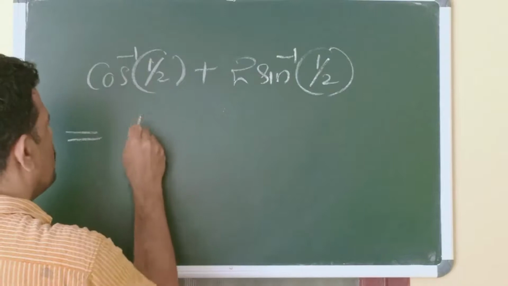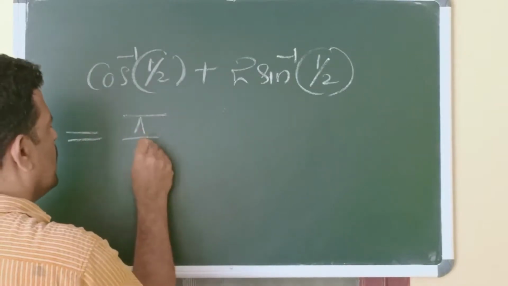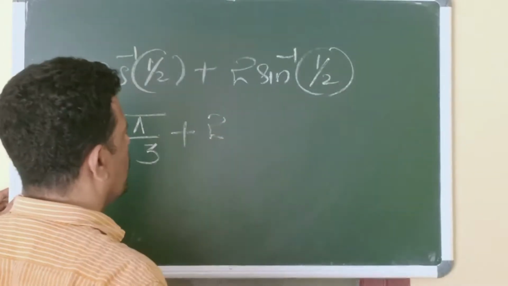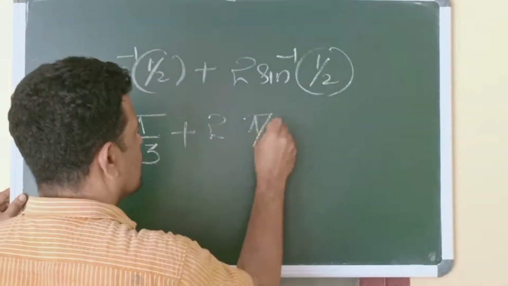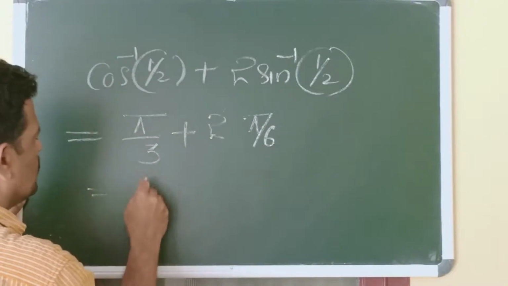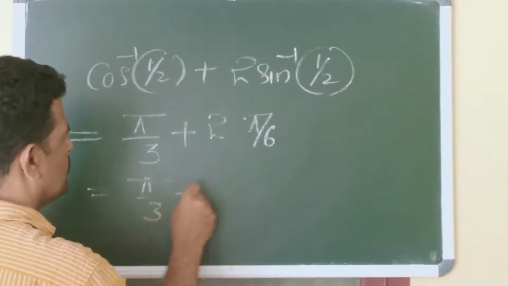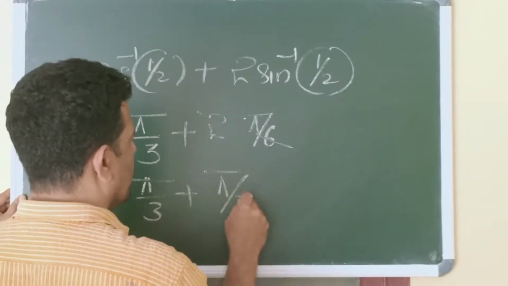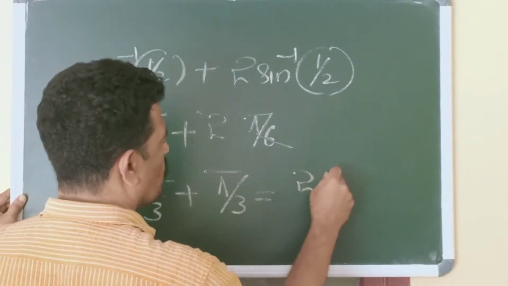Directly from the table, we can write it as pi by 3, plus 2 into sin inverse 1 by 2, which is pi by 6. Therefore, the answer is pi by 3 plus pi by 3, that is 2 pi by 3.